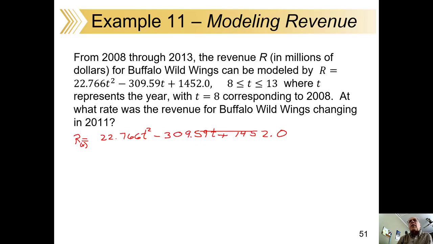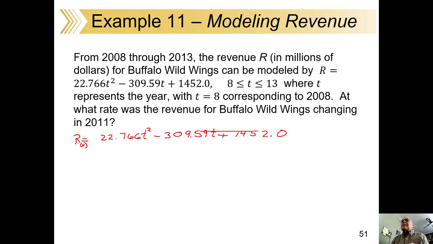There's our equation for revenue, or function for revenue. Notice t is between 8 and 13 inclusive. That means we're talking about the years 2008 through 2013. That means this model is good for those years.